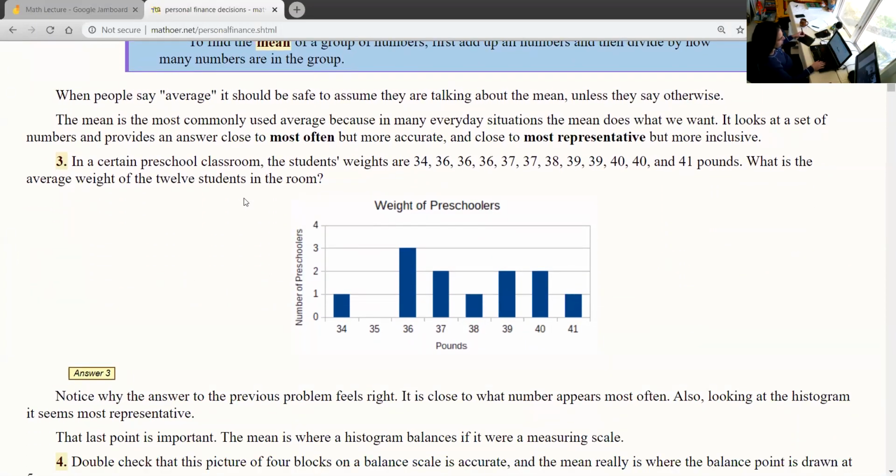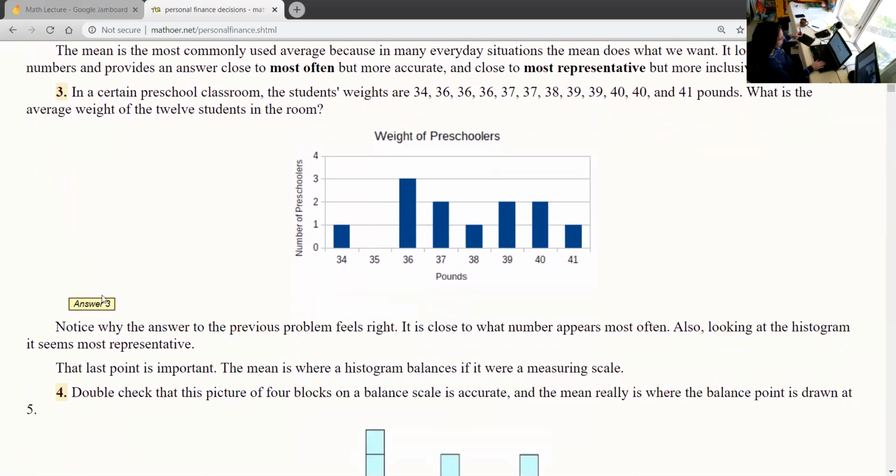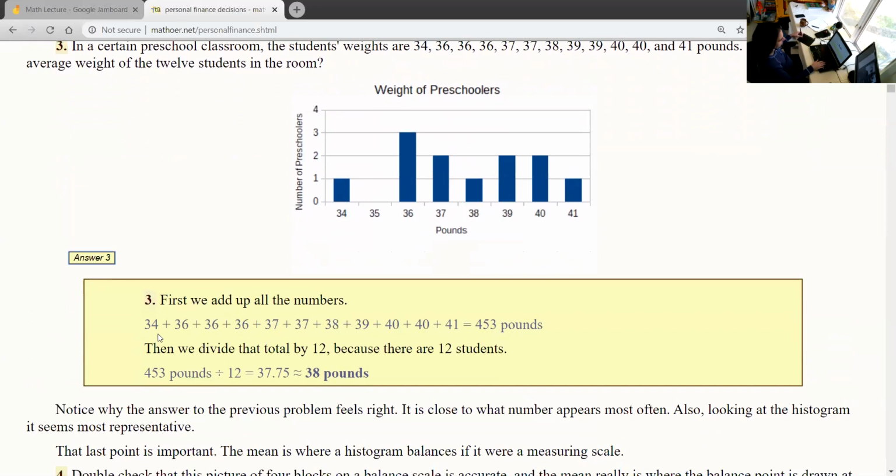So if I have a preschool classroom and the students' weights are on this chart, one weighs 34, 3 of them weigh 36, 2 of them weigh 37, and so on, then we can say what's the average weight of the students, and the mean would be an appropriate thing to do. I'd add them all up and I'd get to a certain number. There's 12 of them. So I divide by 12 and we'd say 38 pounds.